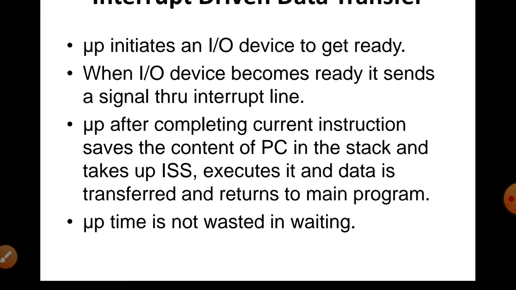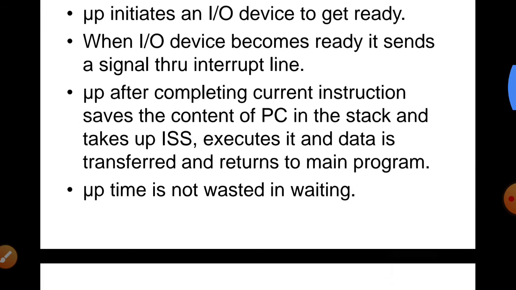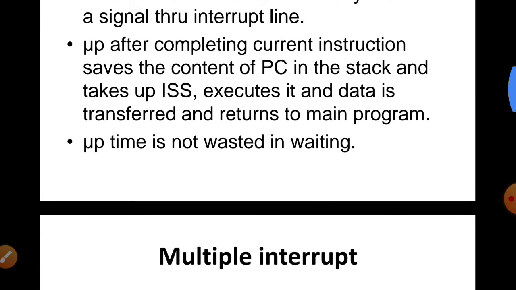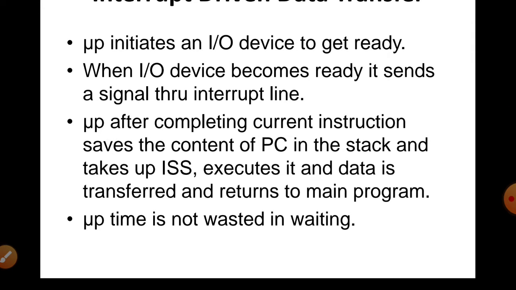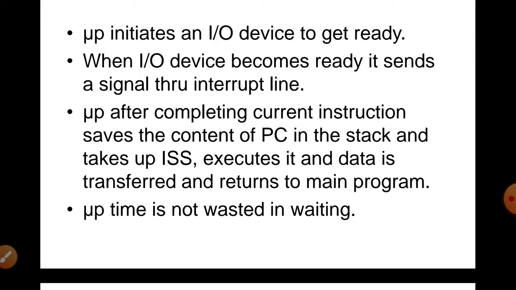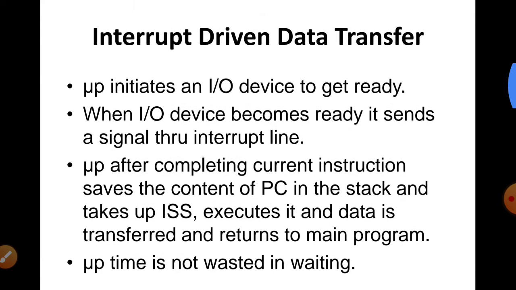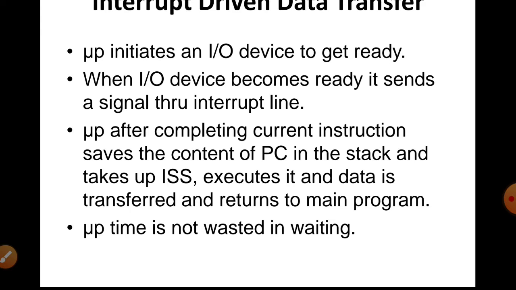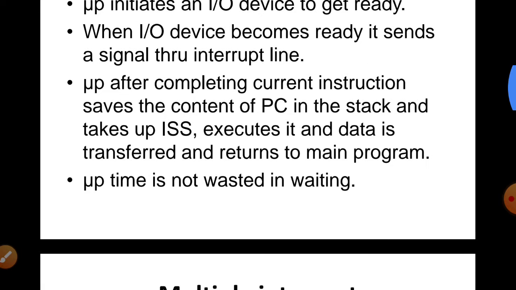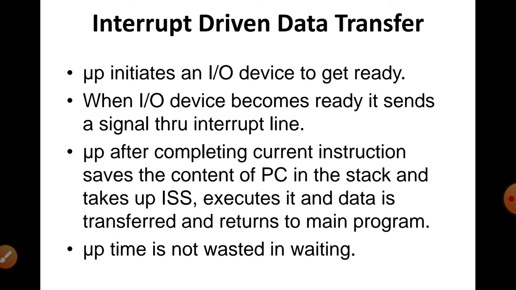Now this interrupt process allows the microprocessor to respond to the external request on demand by executing the service routine. Whatever the microprocessor is doing, it will complete its current instruction, and then control will be switched to the subprogram which is meant for the actual data transfer.